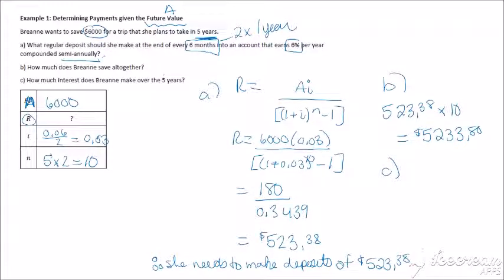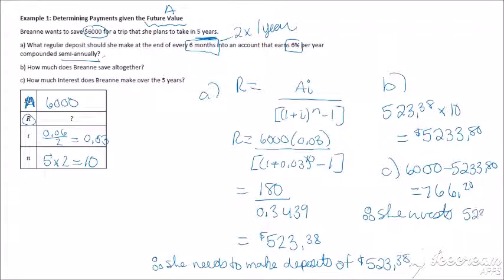Well, if she actually put in $5,233.80 and she needs $6,000, then we can find the difference between these two, which is $766.20. So we can say, therefore, she personally invests $5,233.80 and makes $766.20 interest.